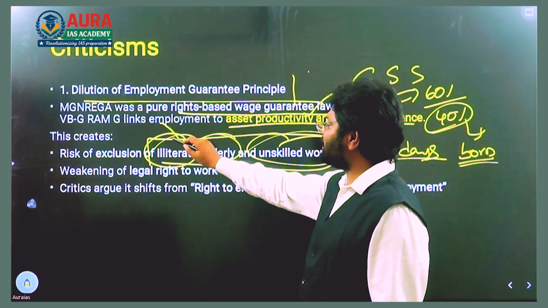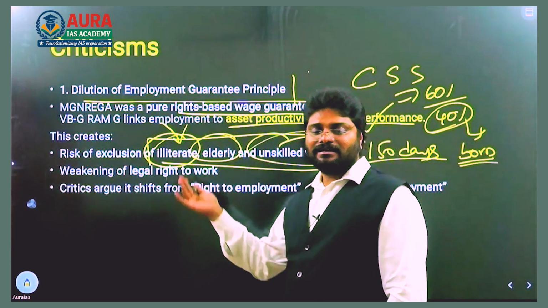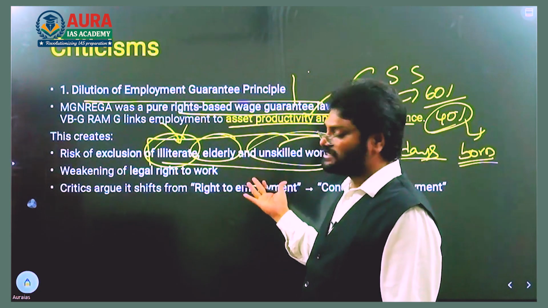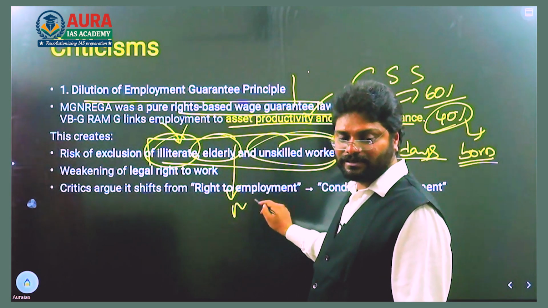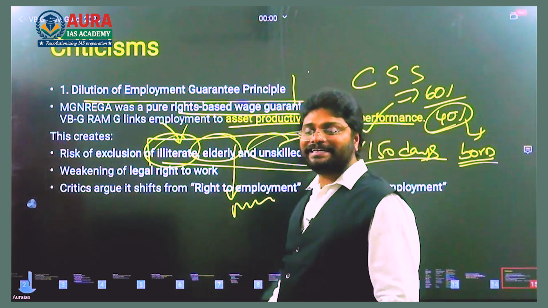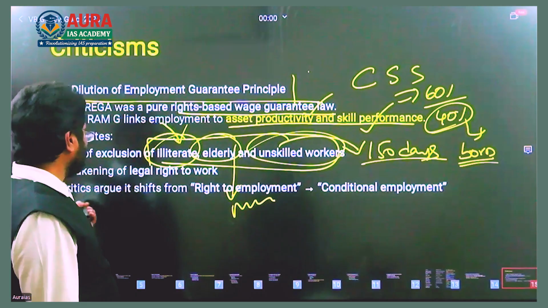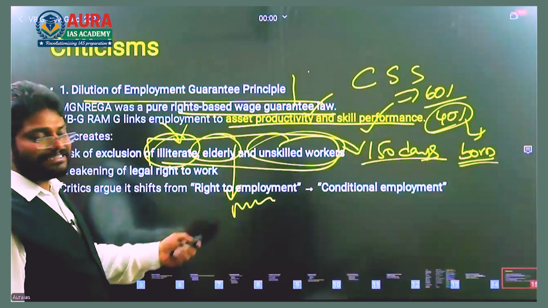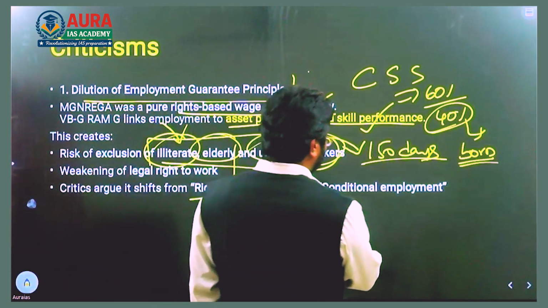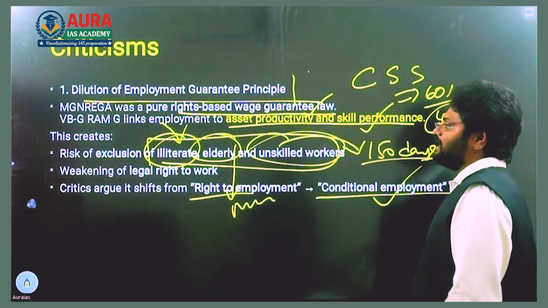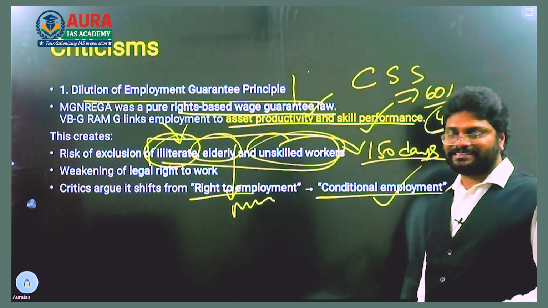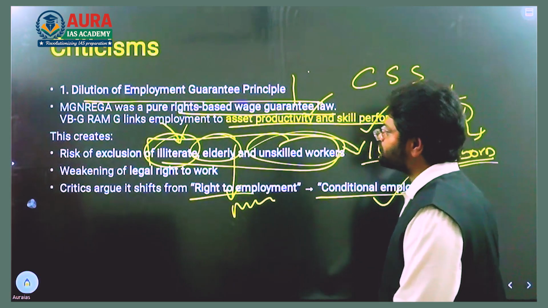But this act is for asset creation, and they lack monetizable skills; they can only do manual labor. So these people might be excluded from the implementation of the act. Critics argued that the right to employment is turned into a conditional employment. This is the first severe criticism of this new act.